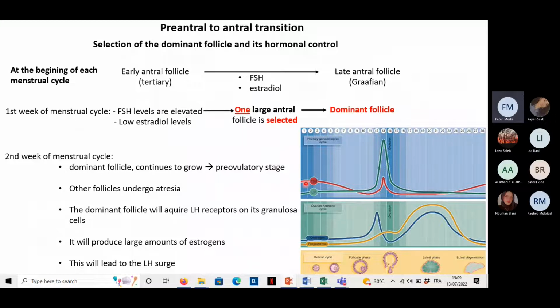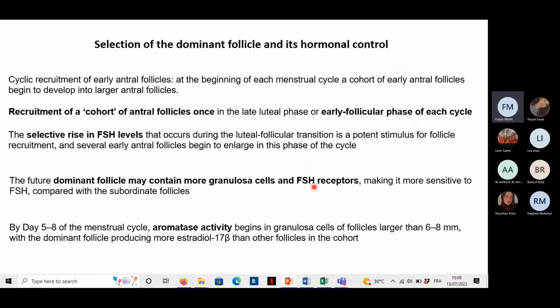So the early follicular phase is called also the late luteal phase, but we can keep on calling it the early follicular phase. So the recruitment of a cohort of antral follicles occurs once in each early follicular phase of each cycle.